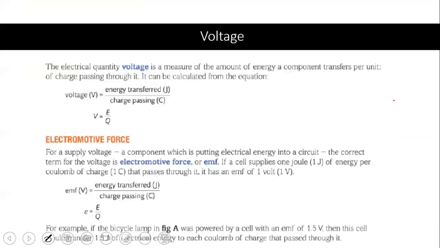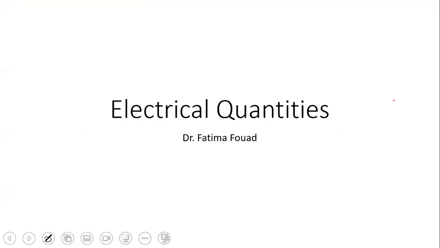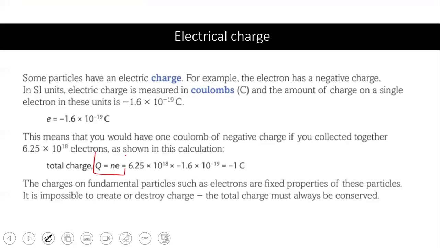So I can figure out the total charge by using this formula: Q = NE, where N stands for the total number of electrons that we can find in any metal, conductor, or sample that you're dealing with, and E is the charge on one single electron.